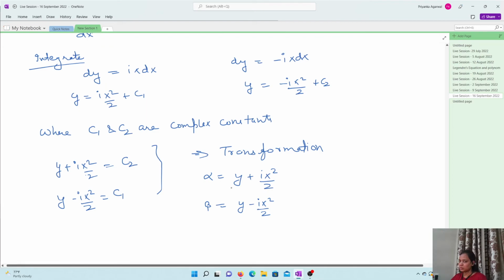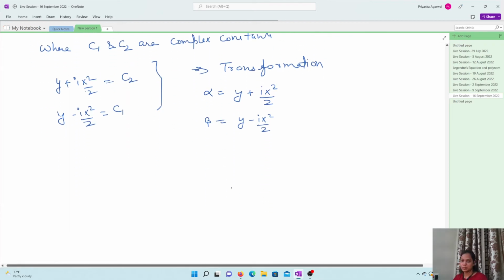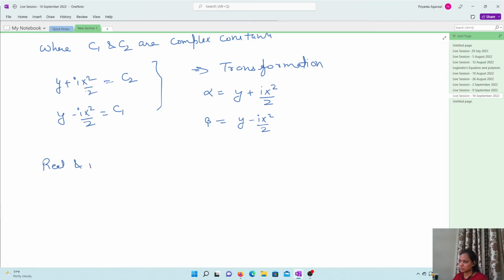Okay, now the real and imaginary parts of alpha and beta give the required transformation.